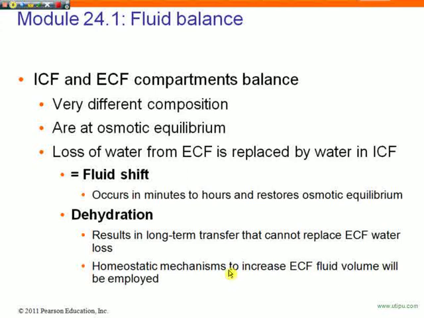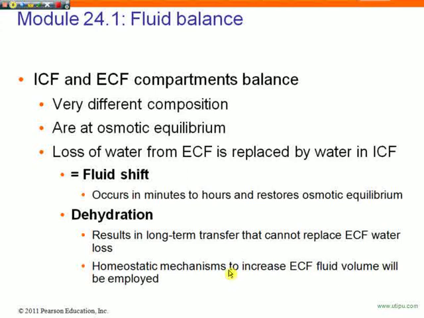So ICF and ECF compartments, they have a balance. They have different composition, and they're at an osmotic equilibrium. What does all that mean?